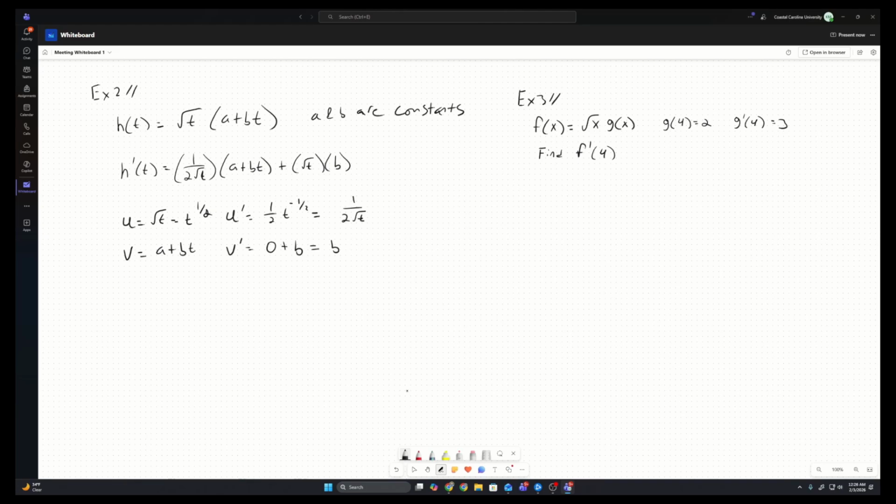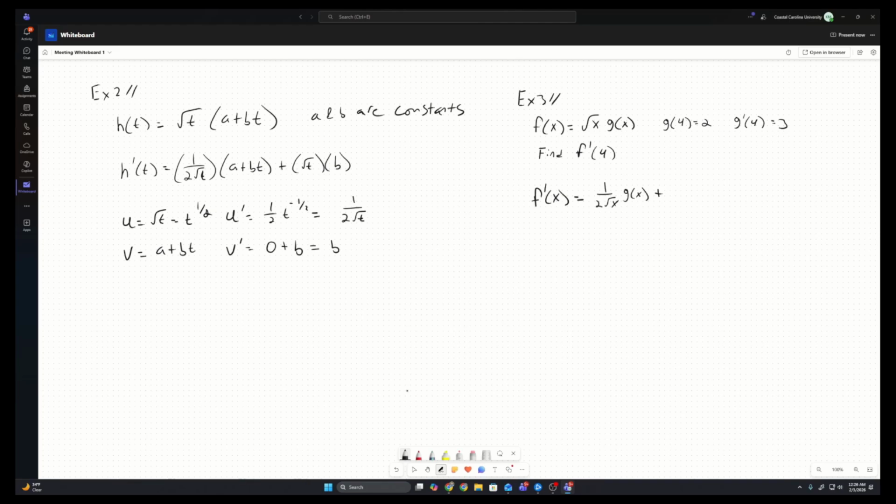So this is an evaluation problem, but we have this weird thing where we have an unknown function. So we're going to do our normal derivative for f prime and see what happens. When I do f prime in this case, the first piece, the square root of x, we take the derivative of that. We already know what that is. It's 1 over 2 times the square root of x. G of x doesn't change.